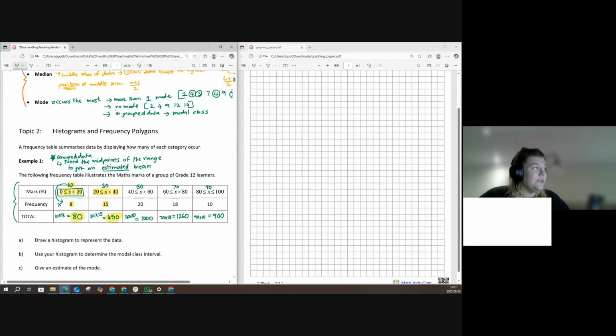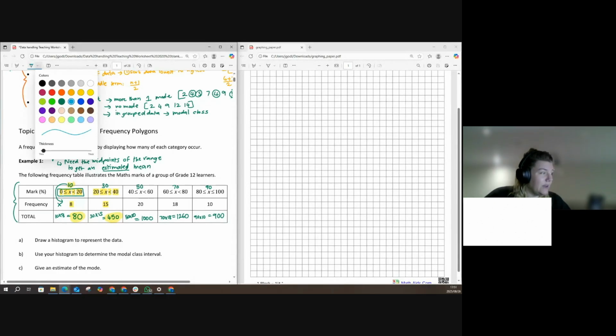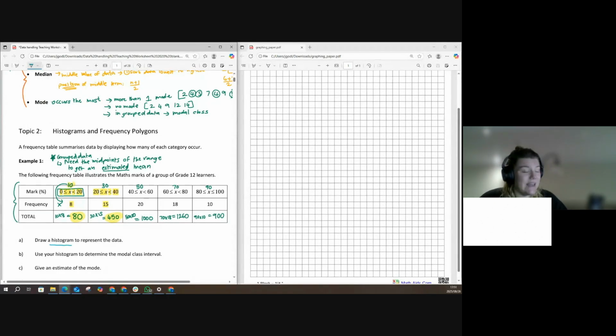Okay, so the first thing you're going to do is draw a histogram with this data. The most important thing with a histogram is that we have no gaps between the bars. So our bars need to be touching and we need to have labels.